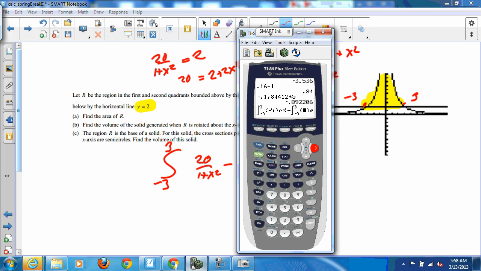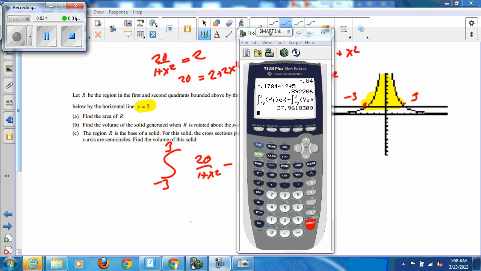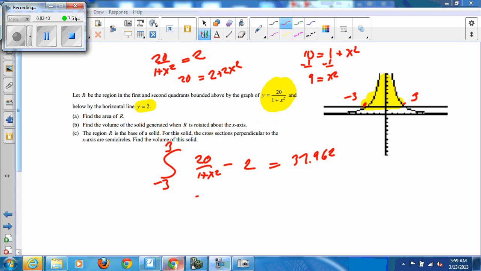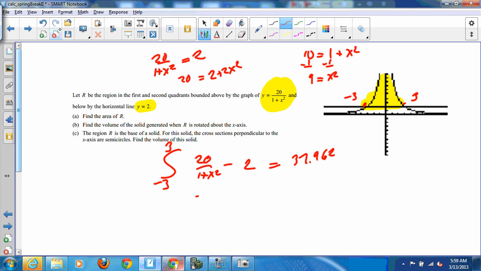I suppose we could do it faster without using these bars. And that's with respect to x also. Okay. So we get some area here, 37.961. And pause that. Okay, I just wanted to check my notes, make sure that was right.